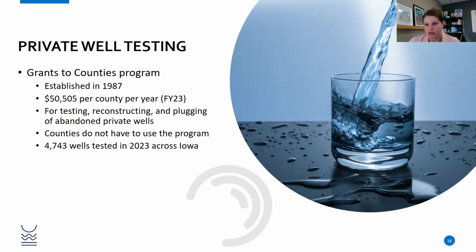So if you find contamination in your well, you cannot use Grants to Counties monies to put in a reverse osmosis system that might treat the water or something like that. So that is where it falls behind, but it does provide this great data set for us to be able to look at. In 2023, there were nearly 5,000 wells tested across the state of Iowa.